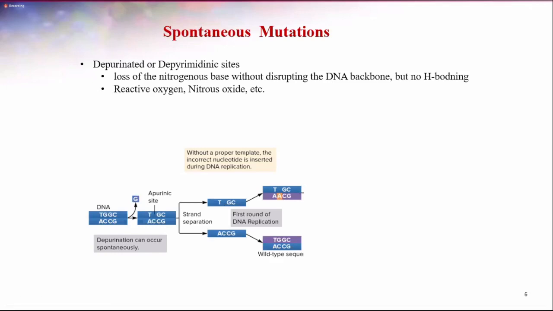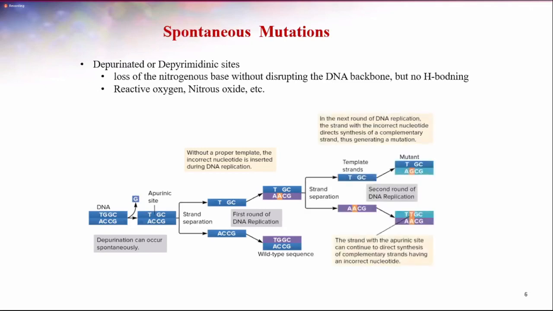So you can have a heterogeneous mix beyond this particular replication cycle if it continues to happen. Maybe first just an A is inserted. And let's say that apurinic site is never corrected and it stays, then every subsequent step of replication can randomly insert a brand new base there.